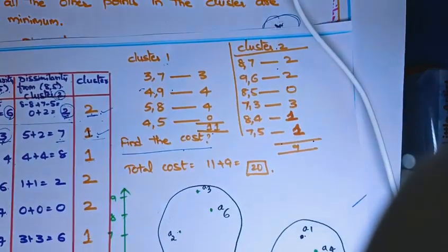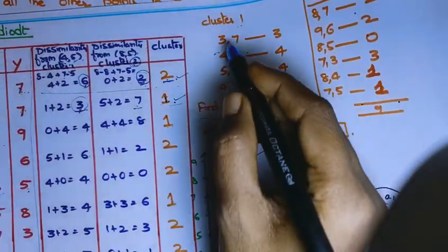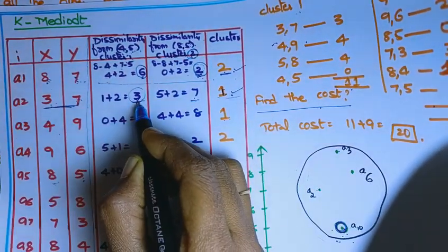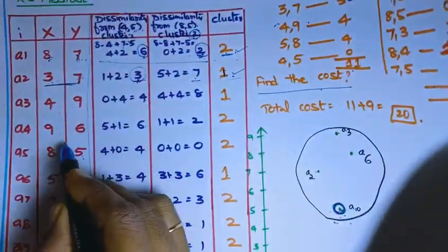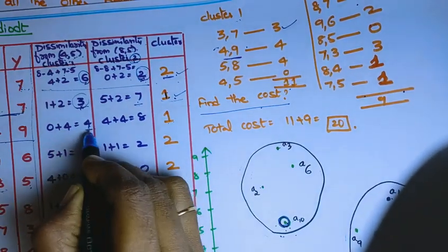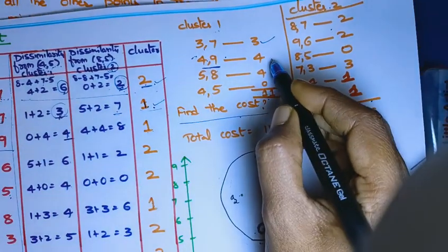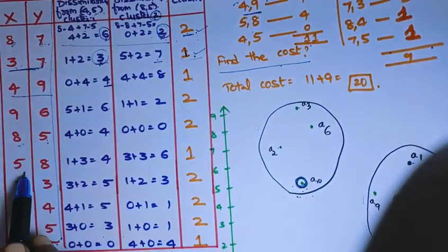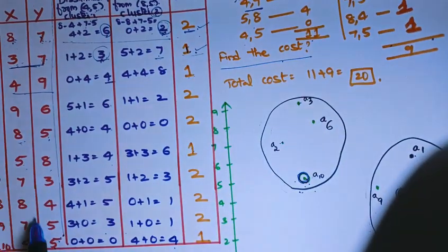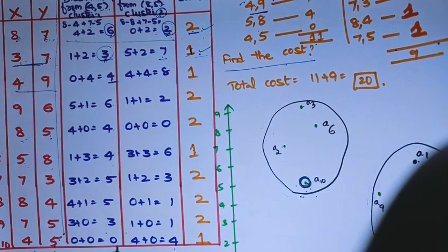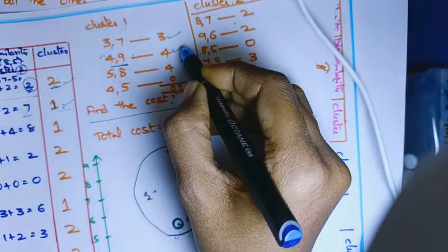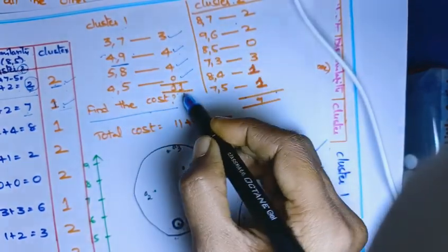For 3 comma 7 the distance you got is 3. For 4 comma 9 the distance is 4. For 5 comma 8 the distance is 4. For 4 comma 5 you got 0.